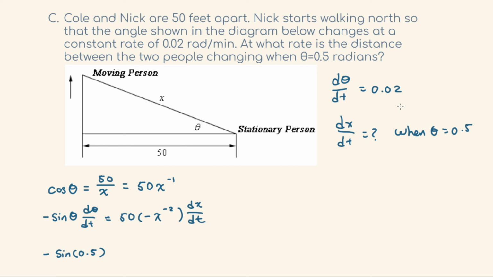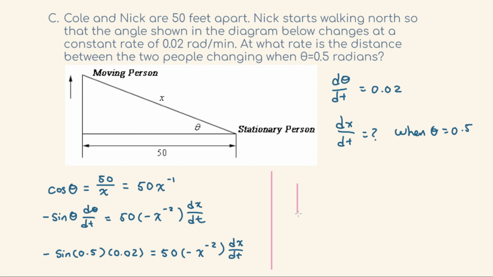D theta over dt, we have that over here, that's 0.02. Okay, here we've got 50 times minus x to the minus 2 dx over dt. I don't know what this hypotenuse is yet, but I know that theta is 0.5 radians. So let's draw a line here, okay, and see if there's anything else we can do using the information in the question.